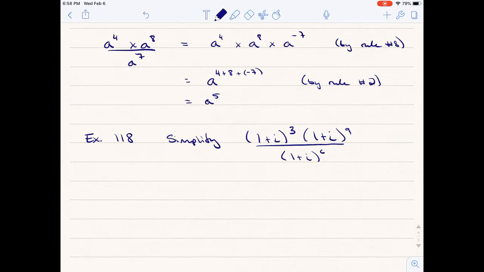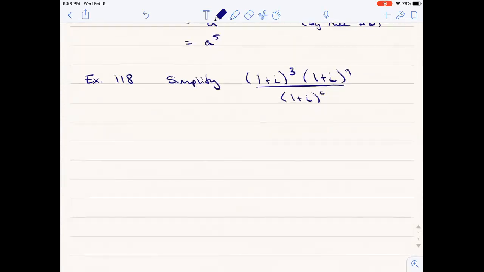Here's where I'm going to throw in my warning shot about pulling in these powers. Before, we were pulling in those powers on a and b because they were either multiplying or dividing. You can only do that if you're multiplying and dividing. So if we pull in the power where we're adding or subtracting inside, I'll show you that you don't get the same thing.